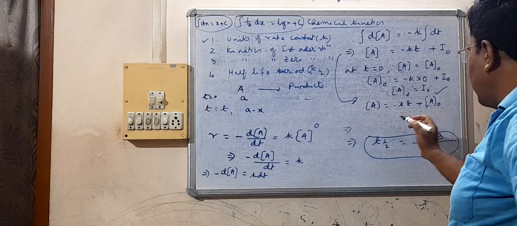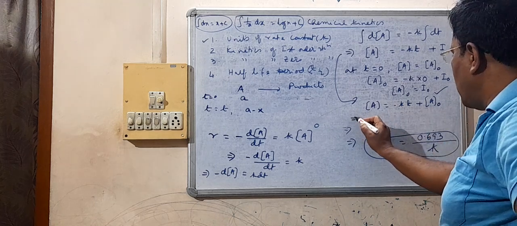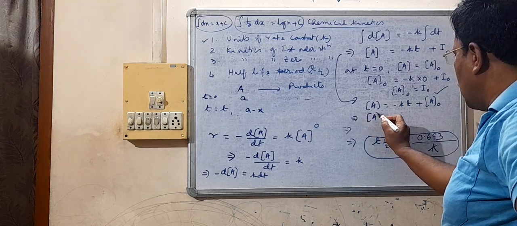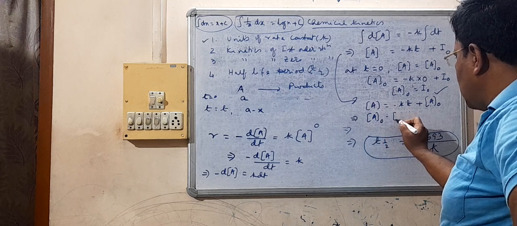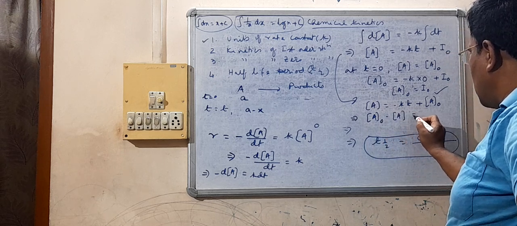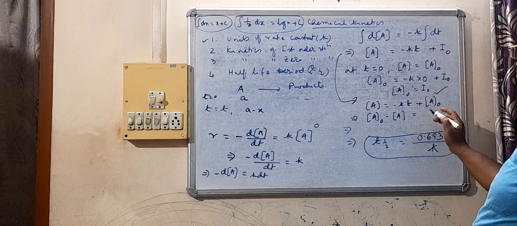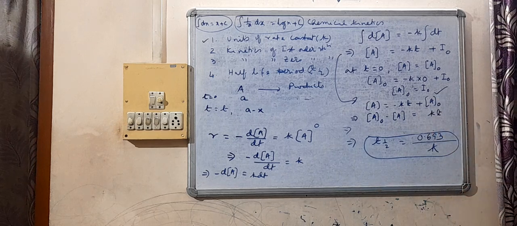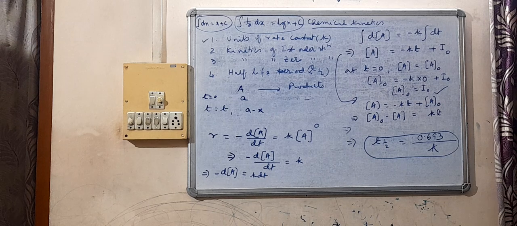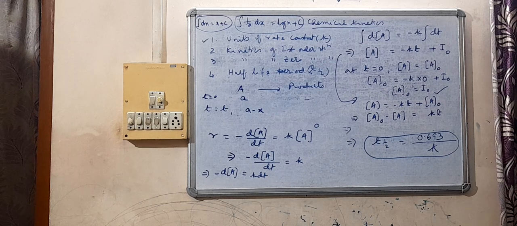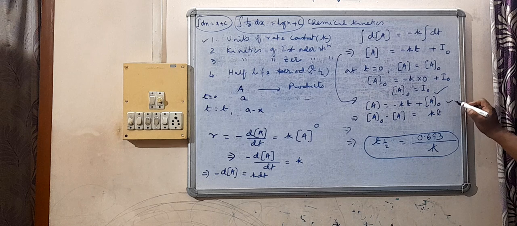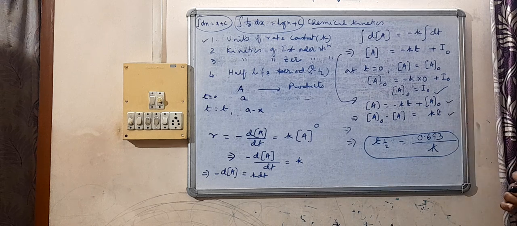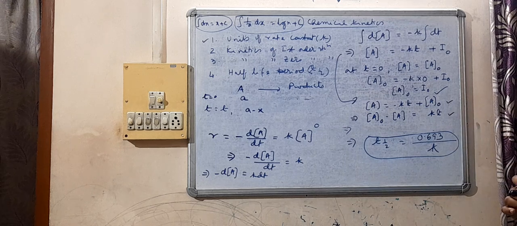If I write it in another form, it will be A naught minus A, and if I take it this way, it will be K T. This is also another form of kinetics for zero order reaction.